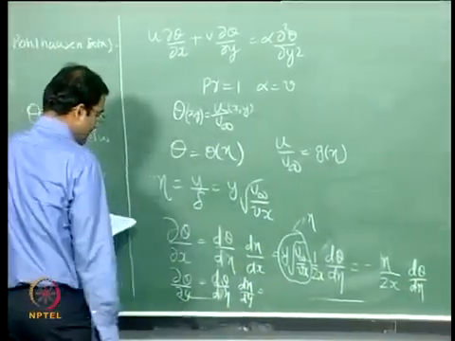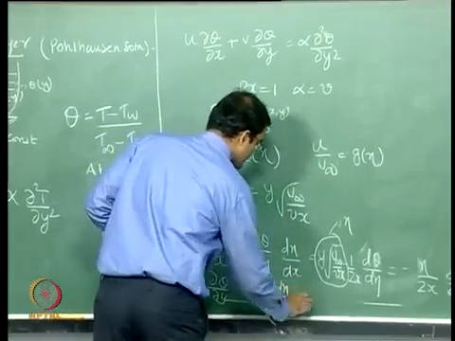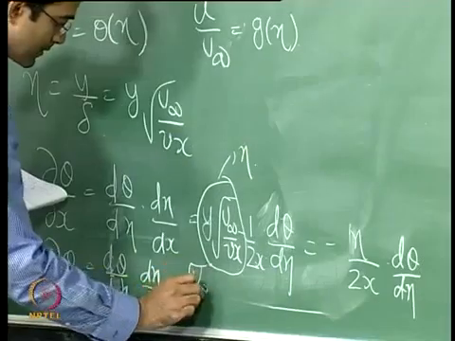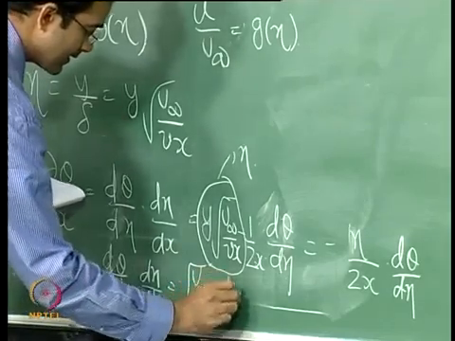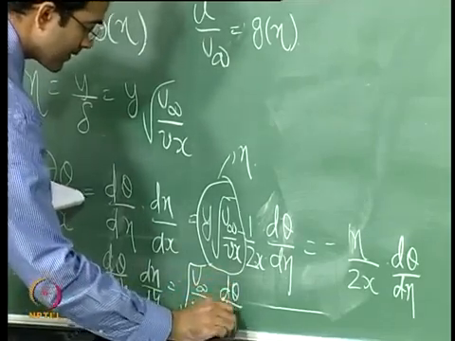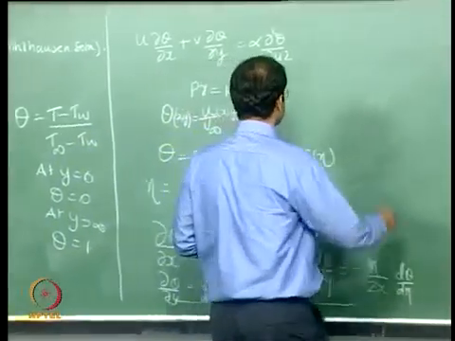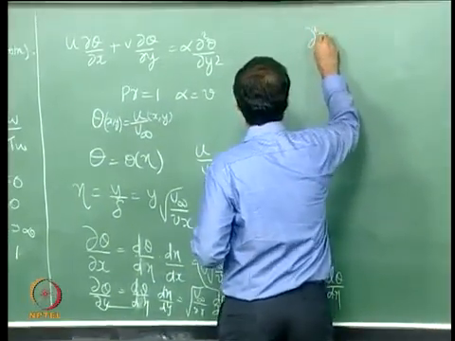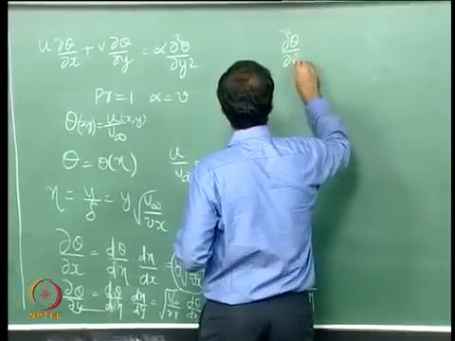So d theta by dy is straightforward, d eta by dy is directly this, so this is nothing but square root of u infinity by nu x into d theta by d eta. So now you can also find the second derivative, d square theta by dy square.